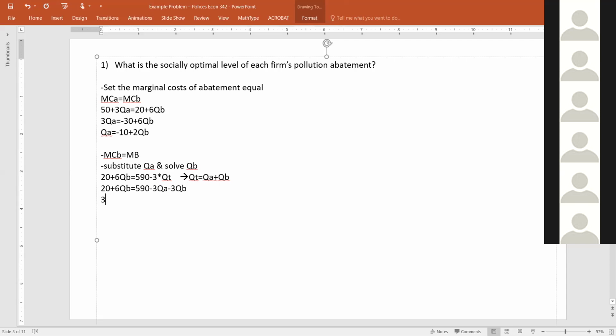So this side of the equation that I'm typing out is just the same marginal cost for firm B, 6 QB equals 590 minus 3 QA, which we can write in terms of QB, minus 10 plus 2 QB, and then we have minus 3 QB. I'm just going to clean this line up real quick.